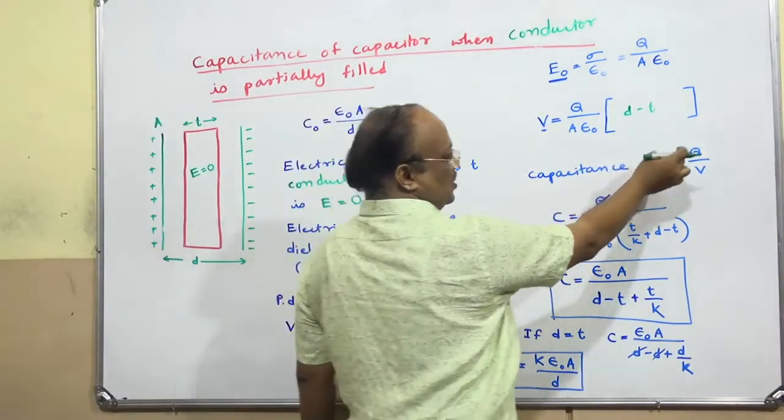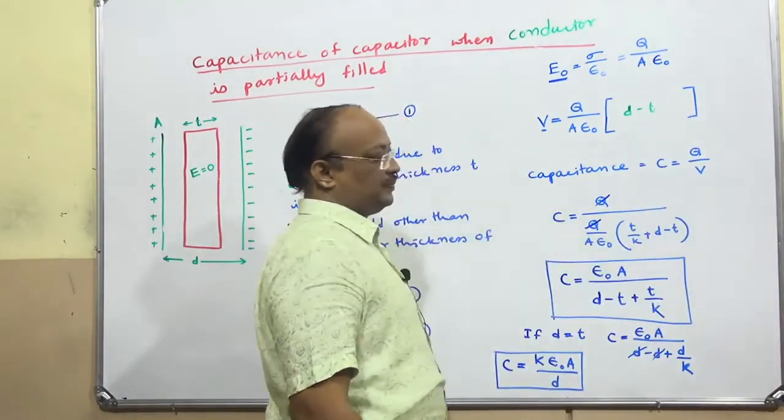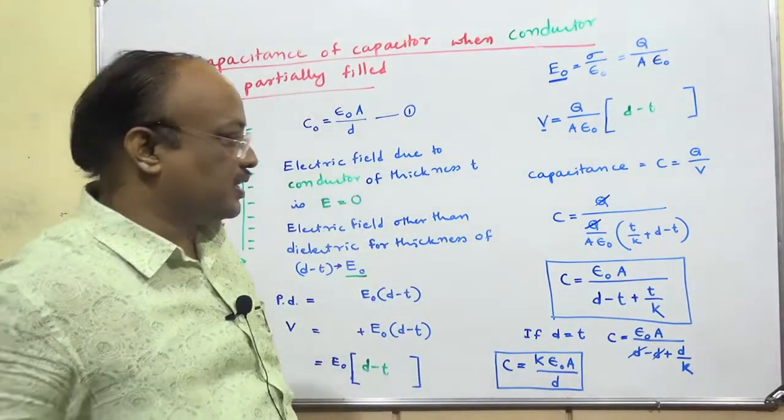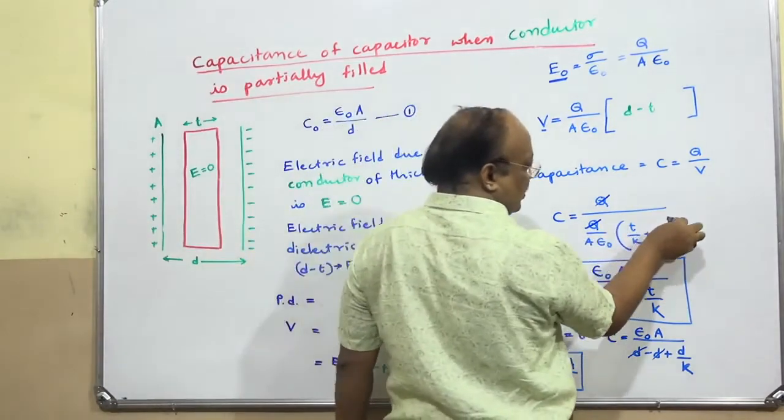Capacitance is C equal to Q by V. So here once again the T by K will not be there.